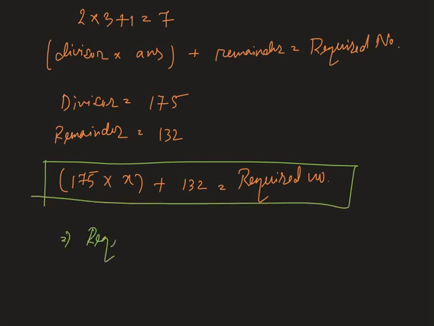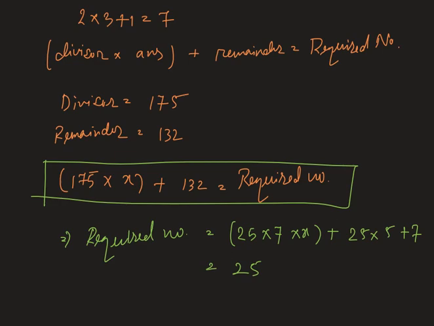So the required number can also be written in this way. 175 can be written as 25 into 7 multiplied by x, and 132 can be written as 25 into 5 plus 7. Okay, so if we take 25 as common, we get 25 into 7x plus 5, plus 7.